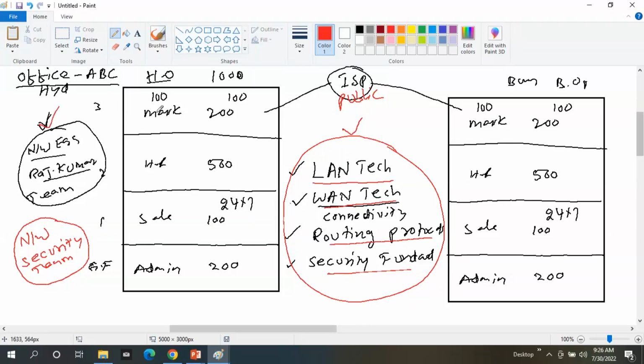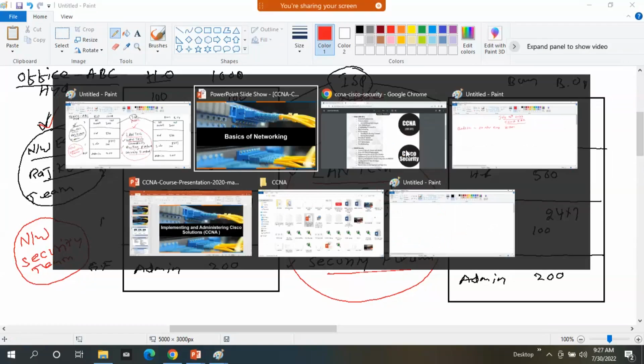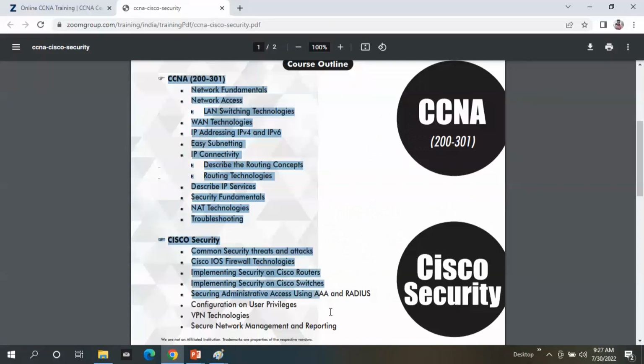Yes or no? Yes. So even our target is the same, guys. Whatever our training, this CCNA course, if you go through all of it, we can get knowledge on these things.